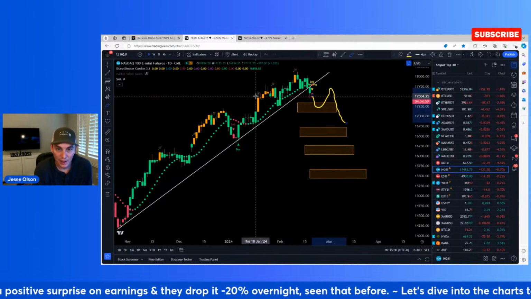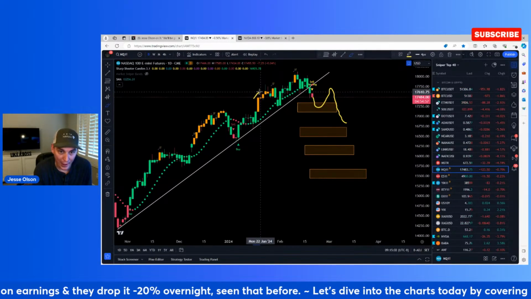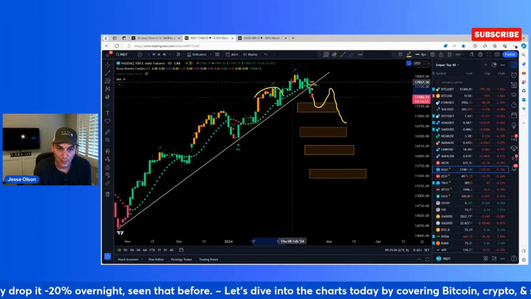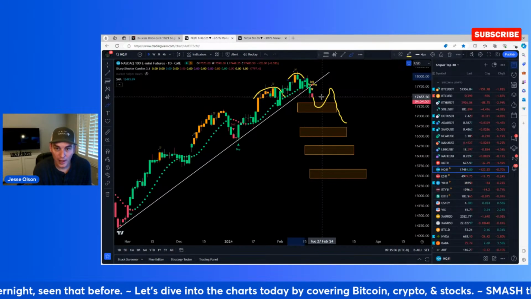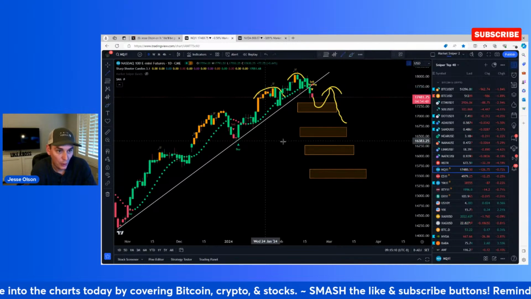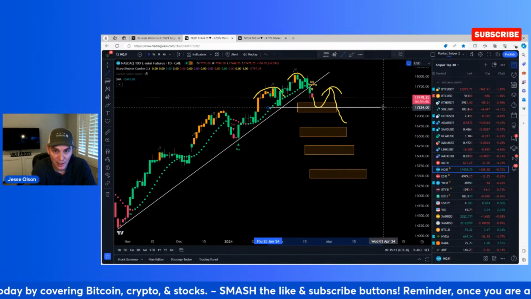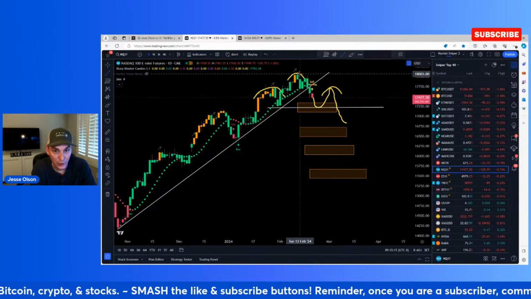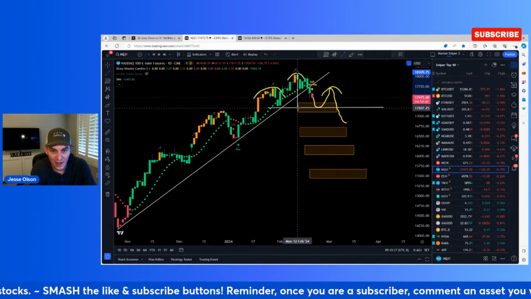You can see that a lot of the pattern traders will like to say, hey, this is a possible future head and shoulders, right? And then of course they'll be drawing out the necklines and all that stuff, and then doing their measurements and all that stuff.